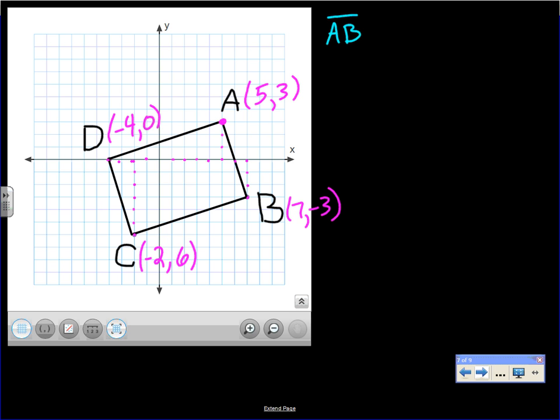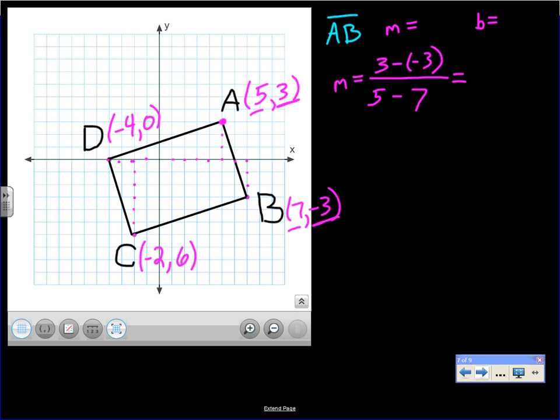All right, for AB, we need to find the slope and what the y-intercept is going to be. So in order to find slope, we're going to say 3 is y2, -3 is y1. So 5 must be x2, and 7 is x1.